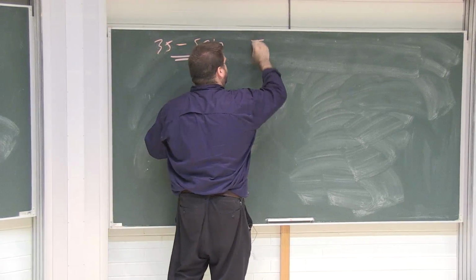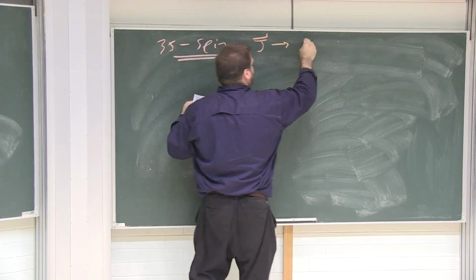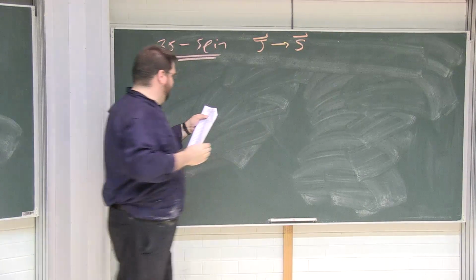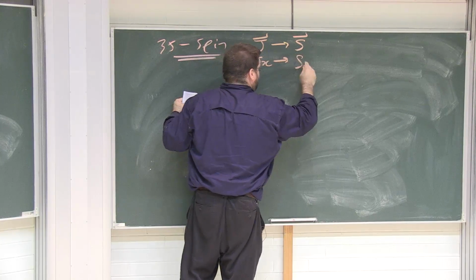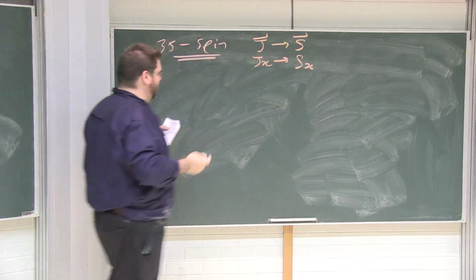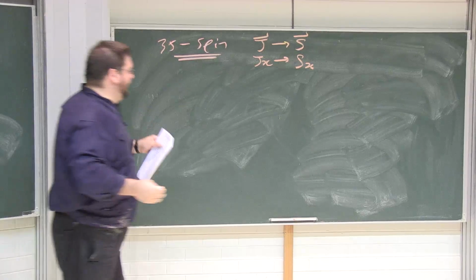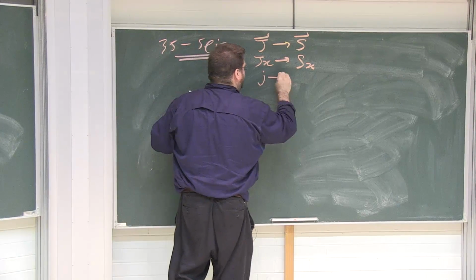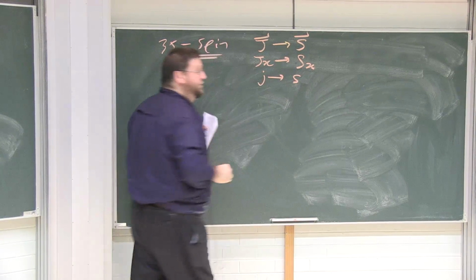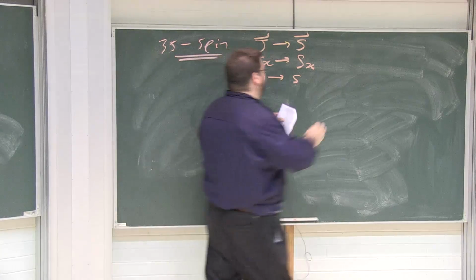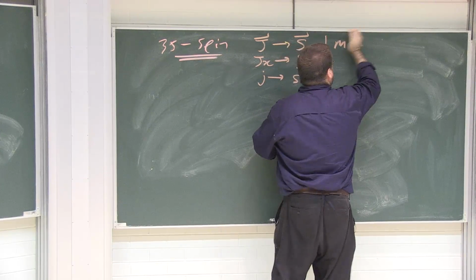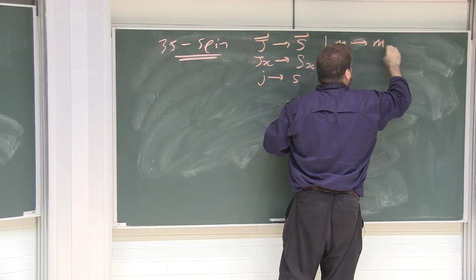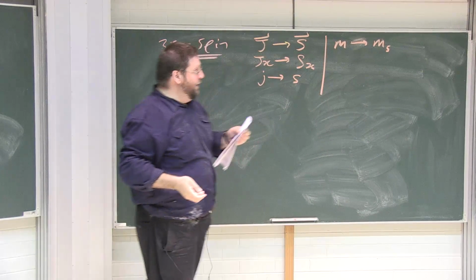Some of this is natural. For example, J is going to become the spin operator S. Jx, Jy and Jz will become Sx, Sy and Sz respectively. Little j, the general angular momentum quantum number, will become the spin quantum number. Little m, the magnetic quantum number, will now become m subscript s. So this is the spin magnetic quantum number.